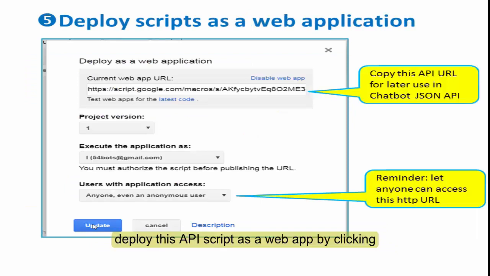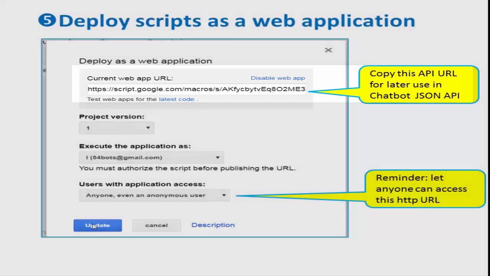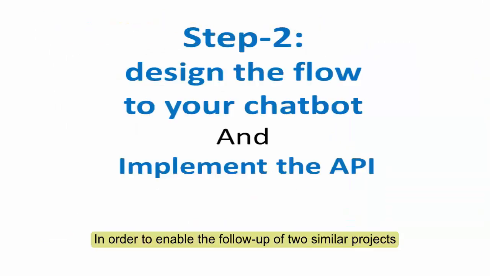Now, deploy this API script as a web app by clicking the Publish button in the script toolbar. Copy and save the URL here for later use in your Chatfuel JSON API plugin.